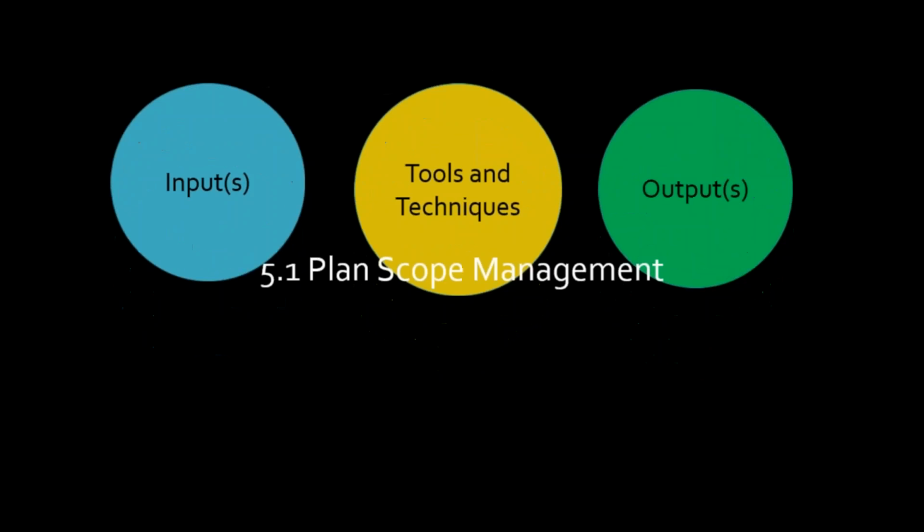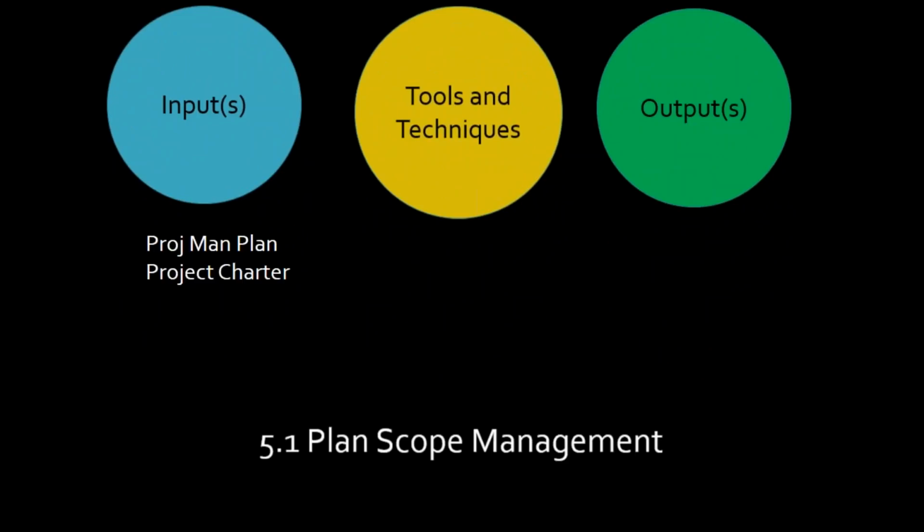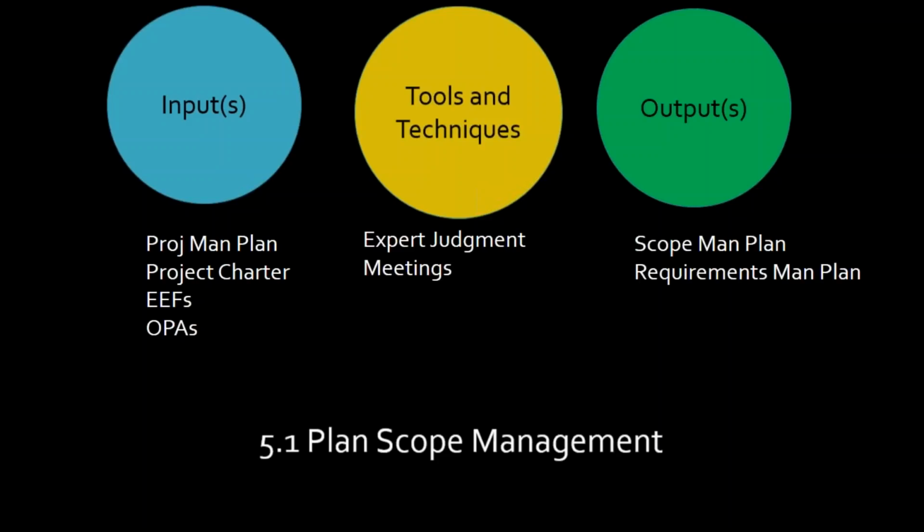So all dot ones are pretty much the same from their purpose standpoint. Again, we looked at the process itself, and we came up with, remember, there's two outputs from 5.1, scope management plan and a requirements management plan. But the inputs make sense to you. And remember, I told you that's another thing to remember for pattern for the test, that the output of the previous process is usually the input, and not always, but it usually is, and that makes sense, particularly within a knowledge area.